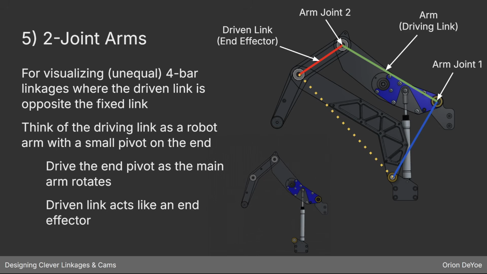Something that's useful for visualizing unequal four bars, where this whole shape is kind of weird: it's very difficult to have an intuition for the way that an unequal four bar will move.